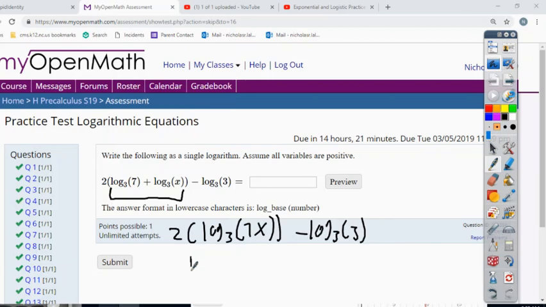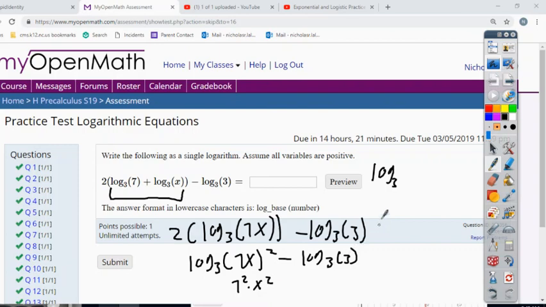Then you have the log base 3 of 7x squared minus the log base 3 of 3. Now we have to make sure 7x squared is 7 squared times x squared. So that's log base 3 of 49x squared over 3. And I'm going to leave it like that.